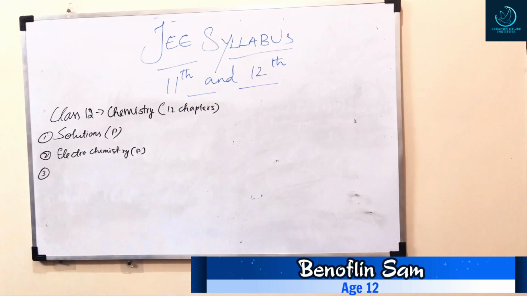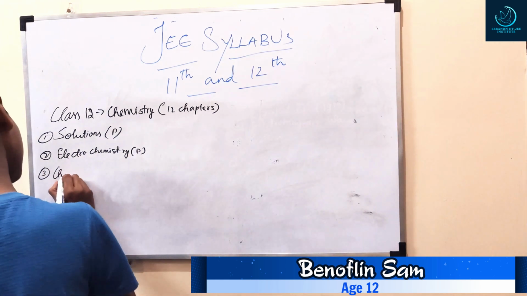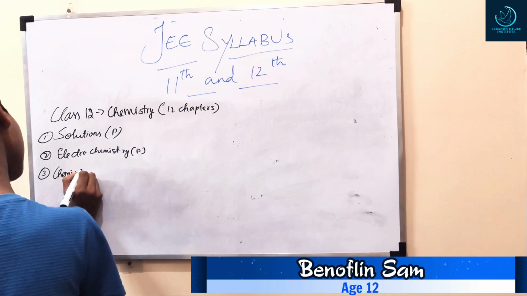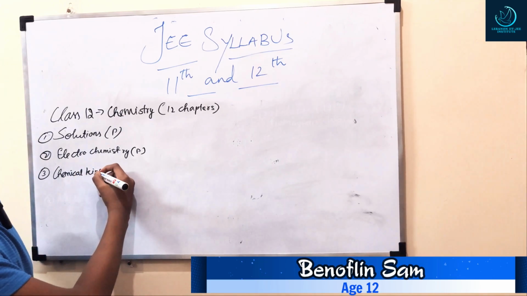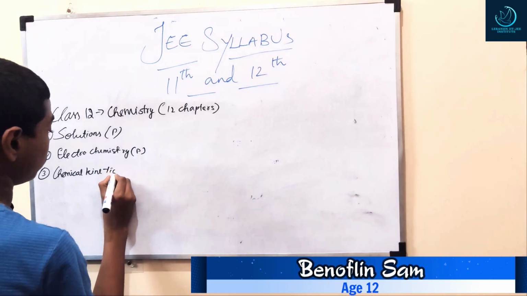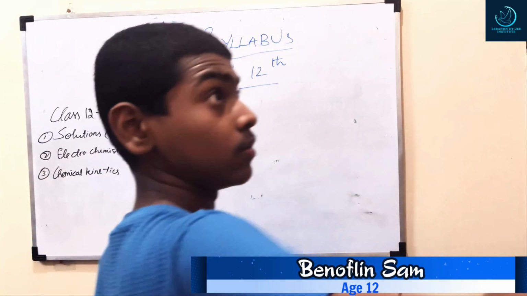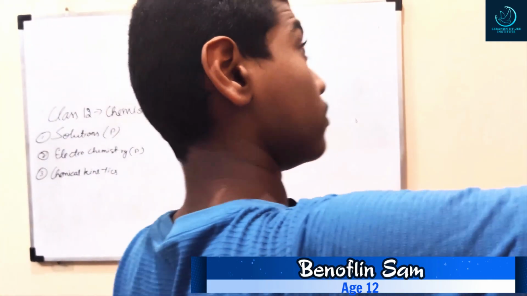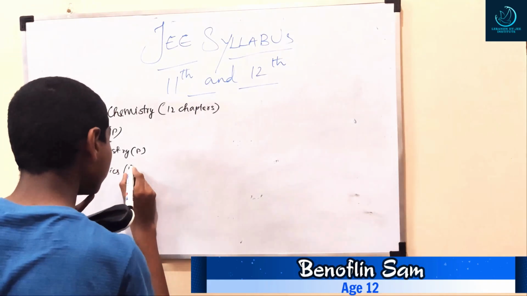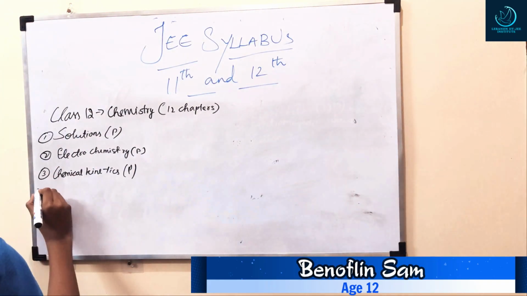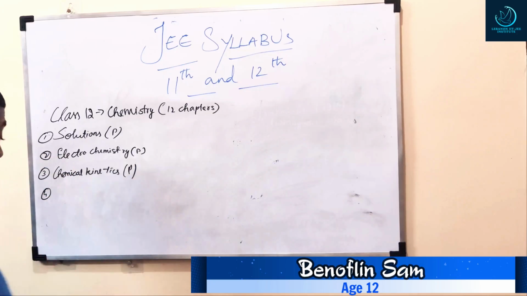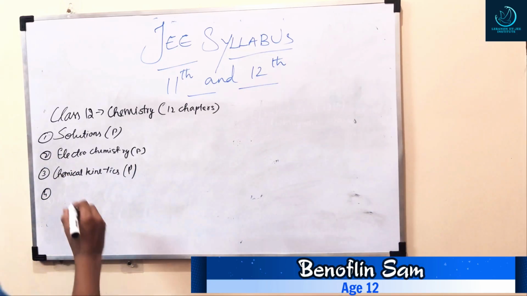Third one is chemical kinetics. That is also physical chemistry. So these only 3 are physical chemistry. Fourth one you're going to see is amines.